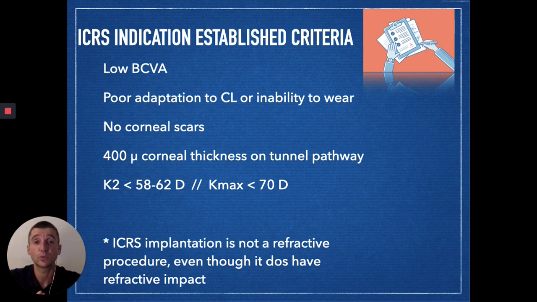But as long as we perform a safe surgery with safe corneal thickness for the implantation, we have a go. But intracorneal ring segment is not a refractive procedure, even though it does have some refractive impact. It is important that both doctor and patient are aware of that.